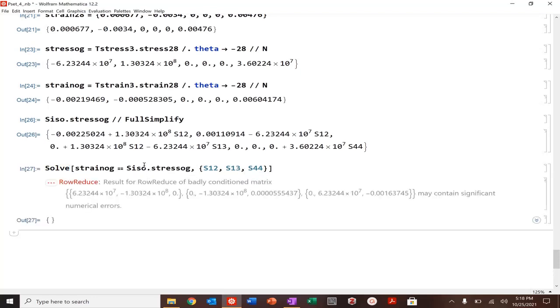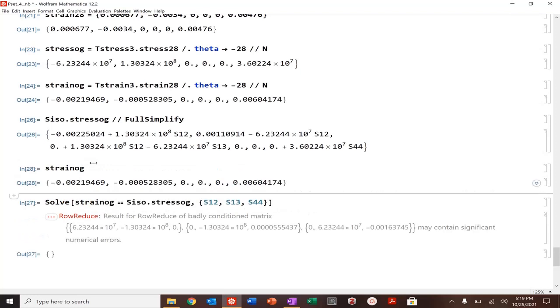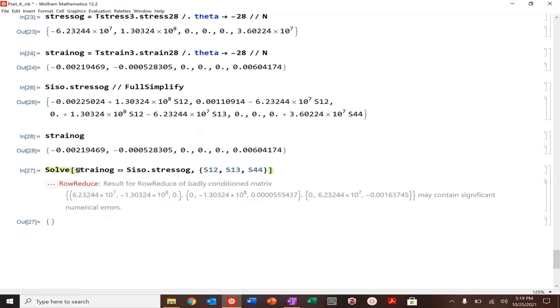And it doesn't like it for some reason. Sometimes Mathematica can be annoying. So let's look at what this gives us. Actually, we know what that gives us. What about strain OG? We know what that gives us as well. So maybe it wants me to put it as a series of equations, because it is kind of like that.